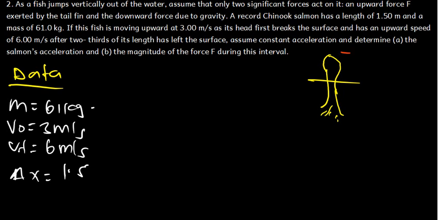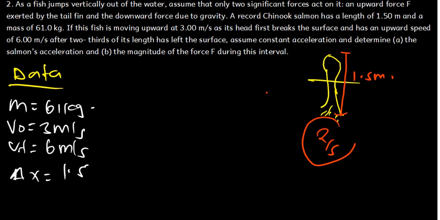So from here all the way to this part is 1.5 meters. The question is saying that when it was out, the distance was two-thirds of the total length. So two-thirds is 2 over 3.